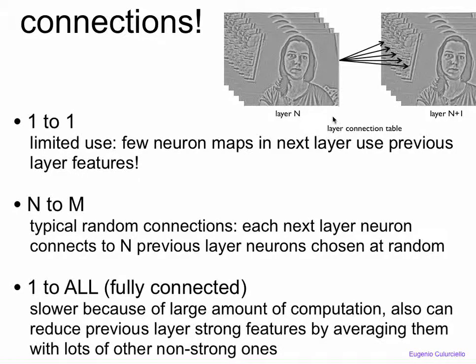So what you really want to do for an unsupervised network is to get a few of these maps that co-occur in the data.